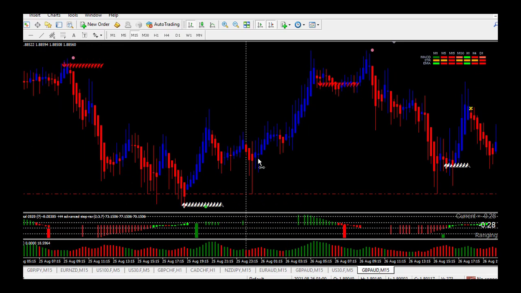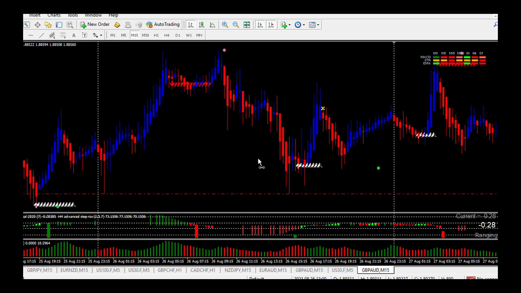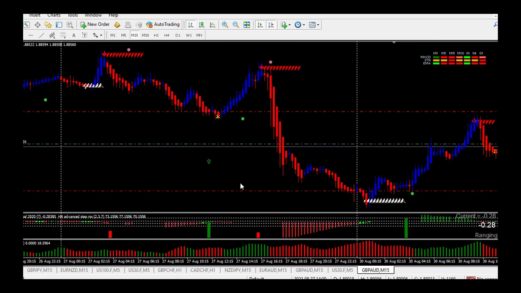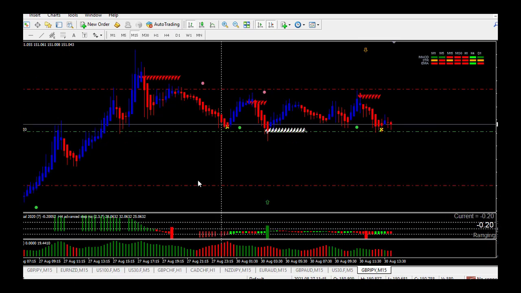So let's check another place that I placed a trade on. Here is another one, Great Britain pound JPY, and we have this in agreement. We have this in agreement, and the advanced ADS turned red at this point. Then I place my trade, and most of the time frames here are also red.